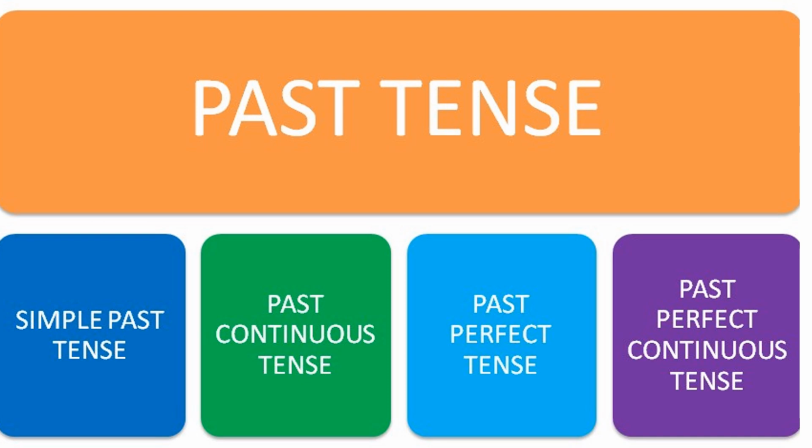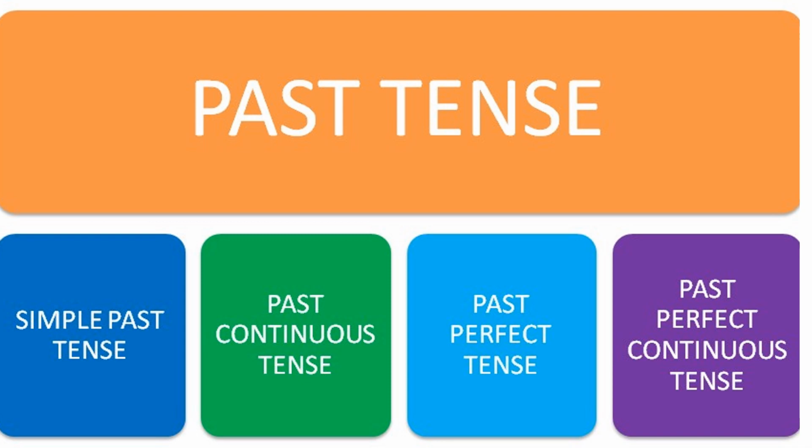Before we start with today's session, which is simple past tense, let's see what past tense is all about. Past tense is used for a past activity or a past state of being. Isn't it, children? Something which happened in the past.